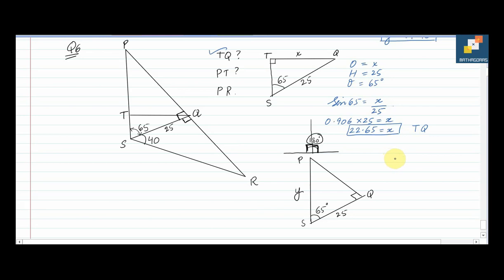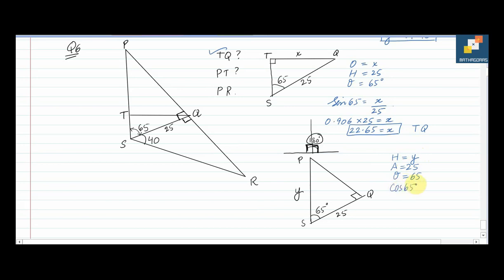So first thing, the data. The value of hypotenuse is Y. The value of adjacent is 25 and theta is 65. So adjacent and hypotenuse comes in cos.